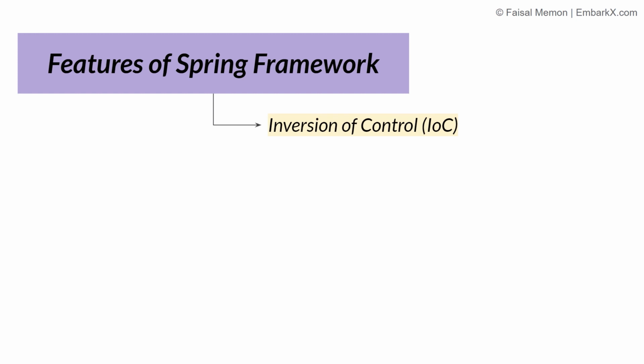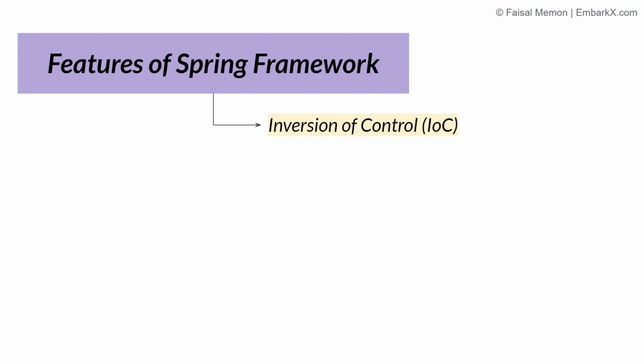Now, when I say Spring Framework manages the lifecycle of objects, these objects within an application are known as beans. The objects that are managed by Spring Framework are known as beans. Inversion of control is a design principle that is commonly used in software development, but it is a very valuable feature of Spring Framework.